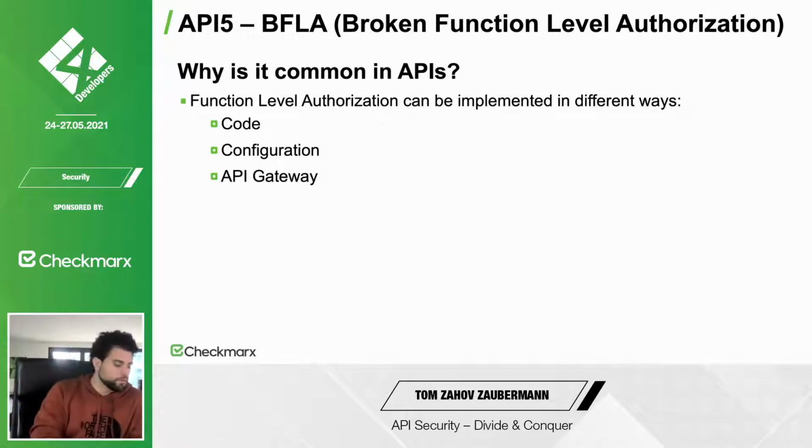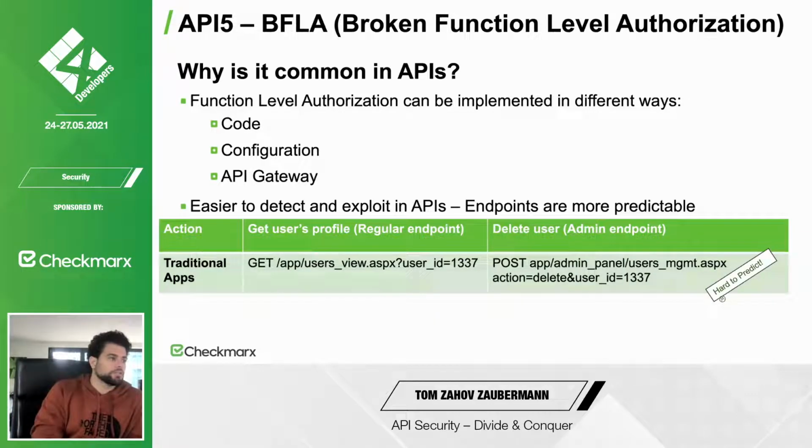The idea is, like we spoke about, predictability: how to predict what the request path would be. In traditional apps, the endpoint is something like get user.aspx with the parameter user ID 1337.